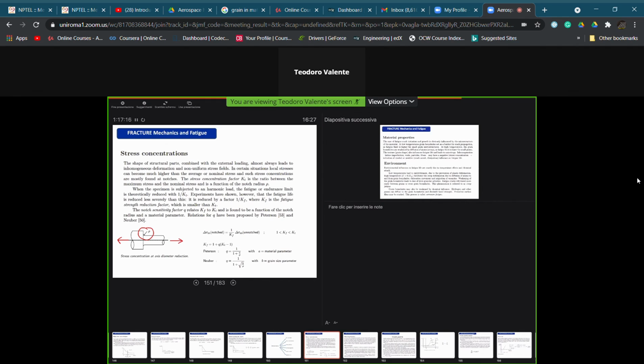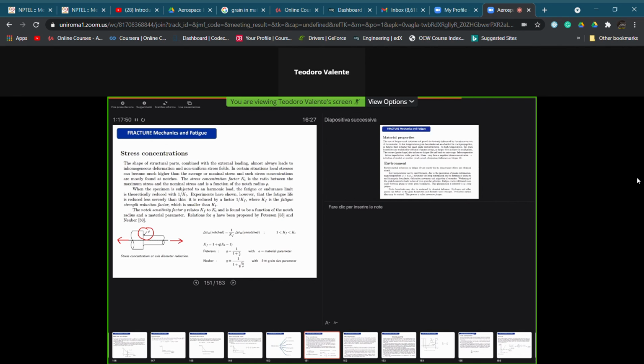We are fortunately able to treat this analytically, that is, we have a way to understand how much this stress concentration is, for which we can define a stress concentration factor KT, which is the ratio between the maximum stress and the nominal stress, and is, as I said to you, a function of the notch radius, of the radius of curvature rho.